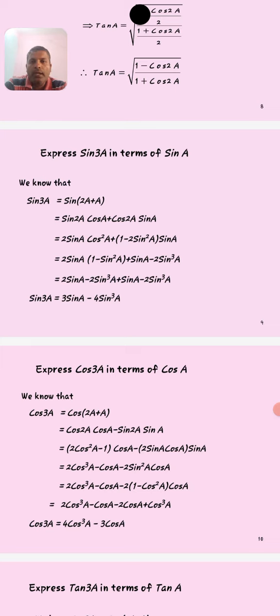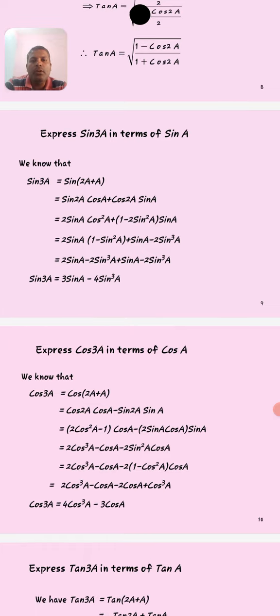The next step, we write in the place of cos square a, 1 minus sin square a. That is 2 sin a into (1 minus sin square a) plus 1 into sin a minus 2 sin square a into sin a, which is sin cube a.